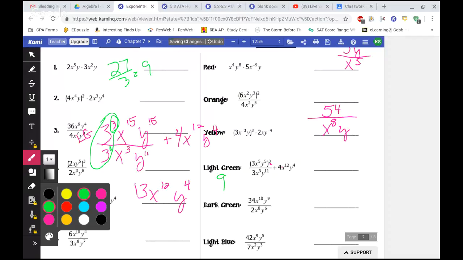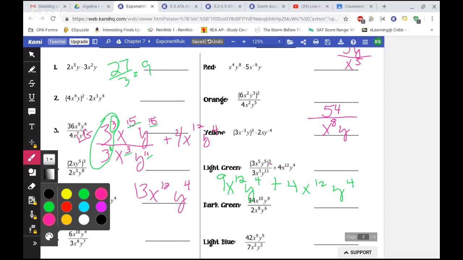So I'm going to write my 9. And then 15 minus 3 is 12. And 15 minus 11 is 4. Plus 4x to the 12th, y to the 4th.